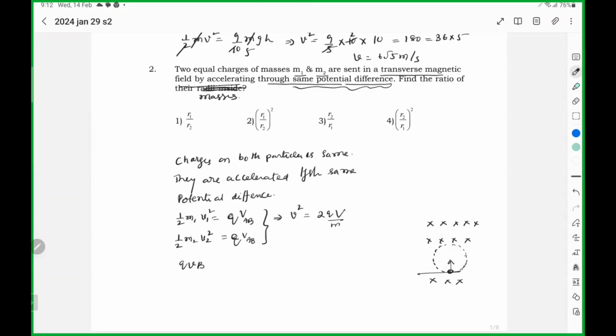That becomes a centripetal force, which is mv square by r. So this gets cancelled. He is asking ratio of masses. m equal to qBr by v.